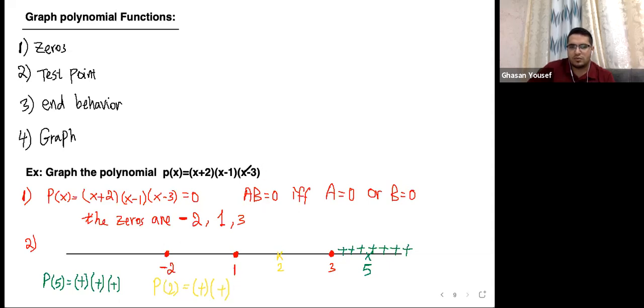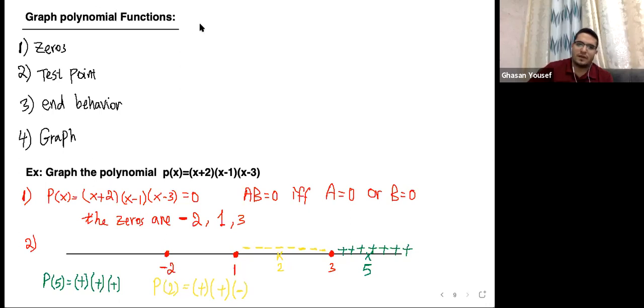The third one, 2 minus 3, is negative. Exactly, negative. Now, positive times positive is positive, and positive times negative is negative. So the sign here should be negative. Clear?